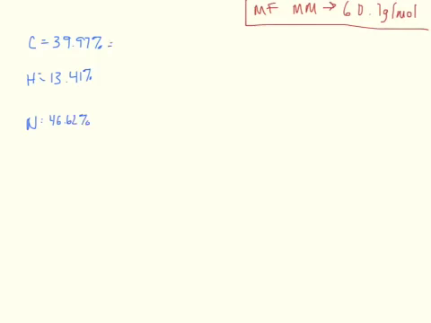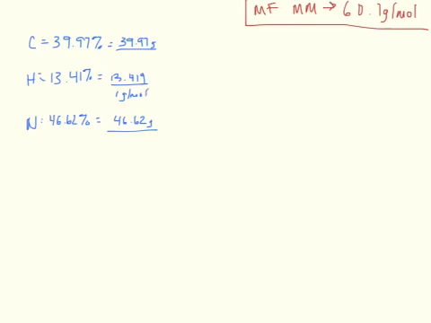Go back to what we were doing before: 39.97 grams of carbon, hydrogen is 13.41 grams, and nitrogen 46.62 grams. Divided by their molar masses, we know hydrogen's is 1 gram per mole.